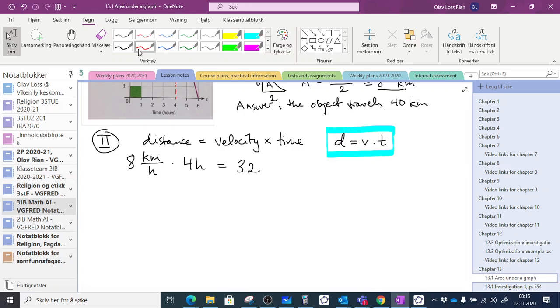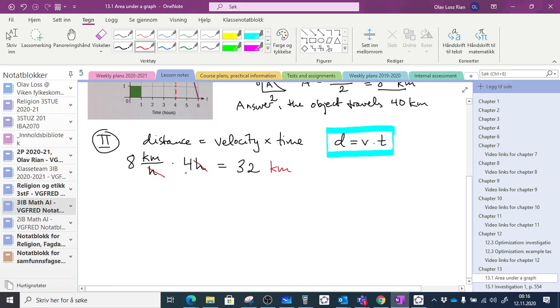If we look at the units, here you have hours at the bottom of a fraction and here you have hours at the top. So we could cancel these against each other, and what we're left with is kilometers. That suggests that this formula actually works because the units add up as well.